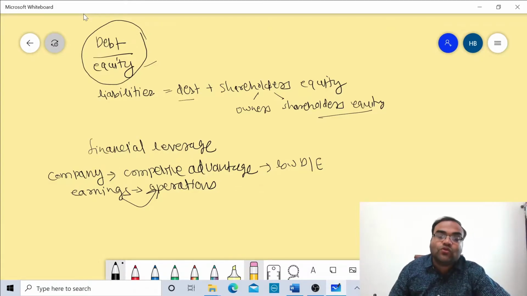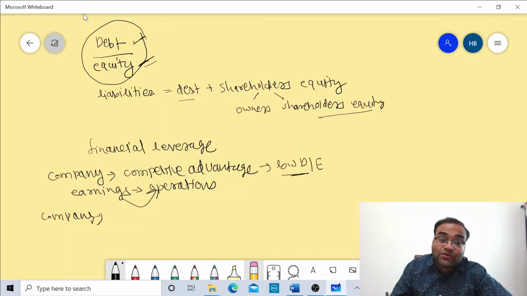So the company with good competitive advantage will have a low amount of debt and a good amount of its own funds to run the operations. Even within liabilities it will have a low amount of debt and a high amount of equity.